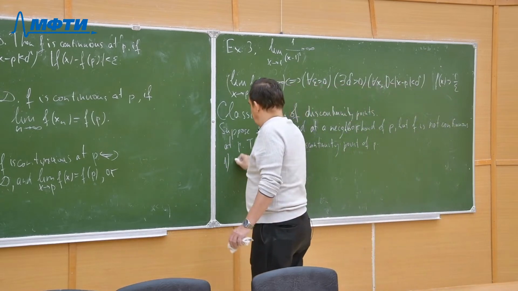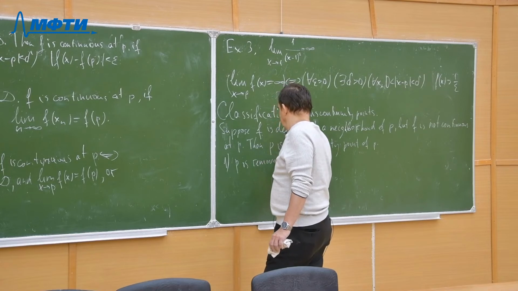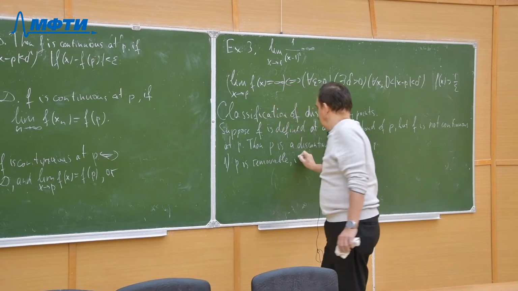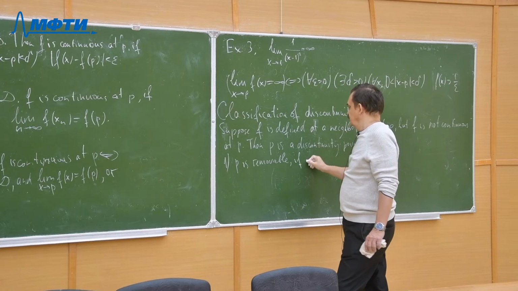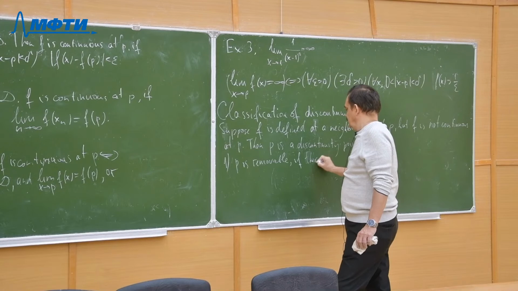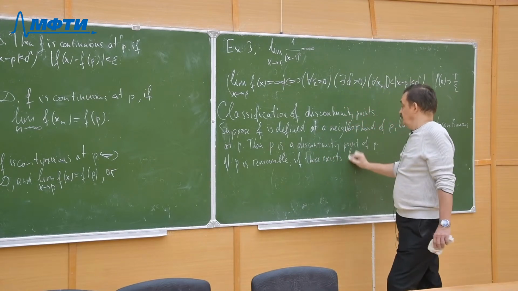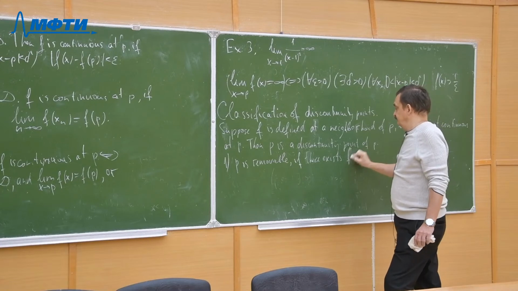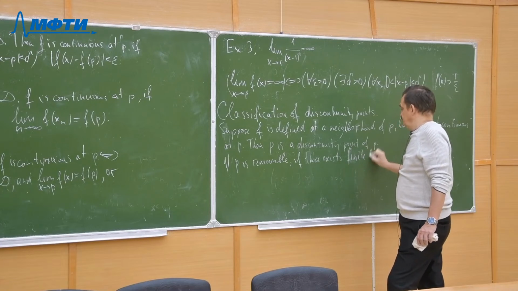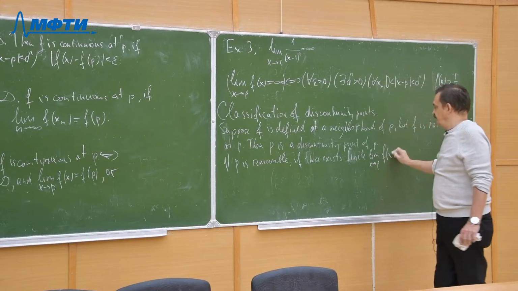First, P is removable if there exists a finite limit as x tends to P of f of x.